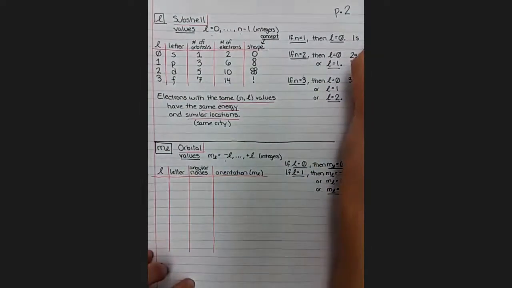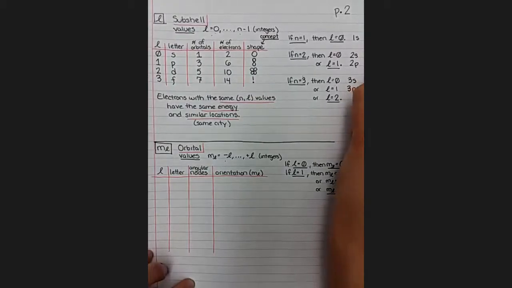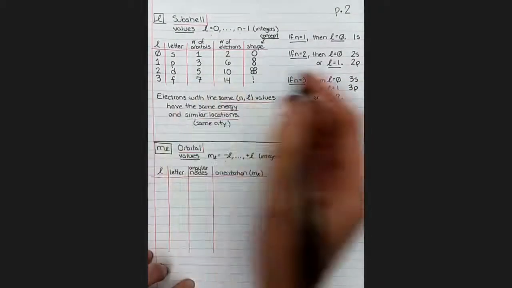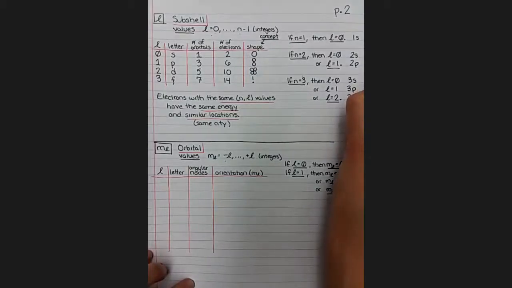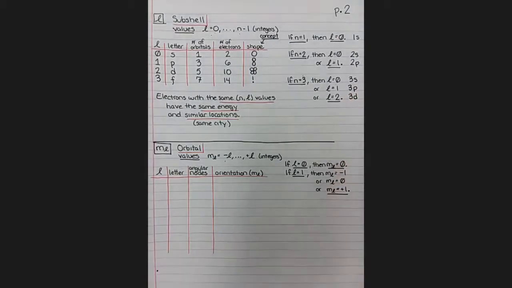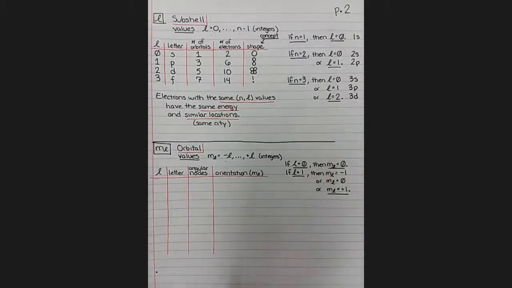And then L equals 1, we called p, so this would be 2p, and the next one would be 3p. And our L equals 2, we called d, so this would be 3d. So this is sort of a more pleasant thing to look at, a letter and a number, or a number and a letter, rather than two numbers in a row.